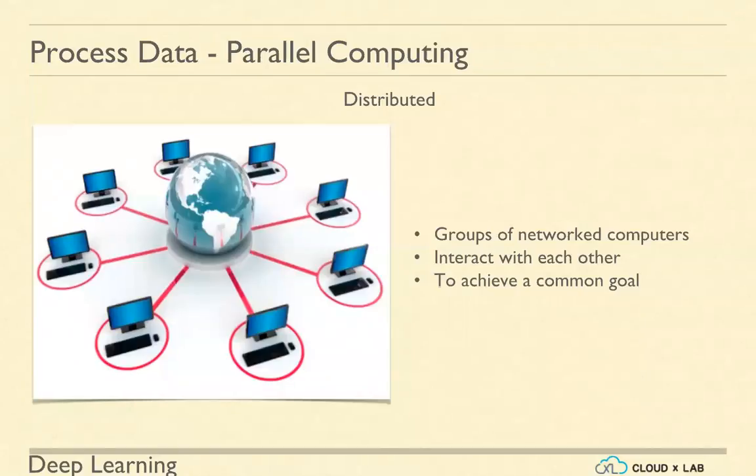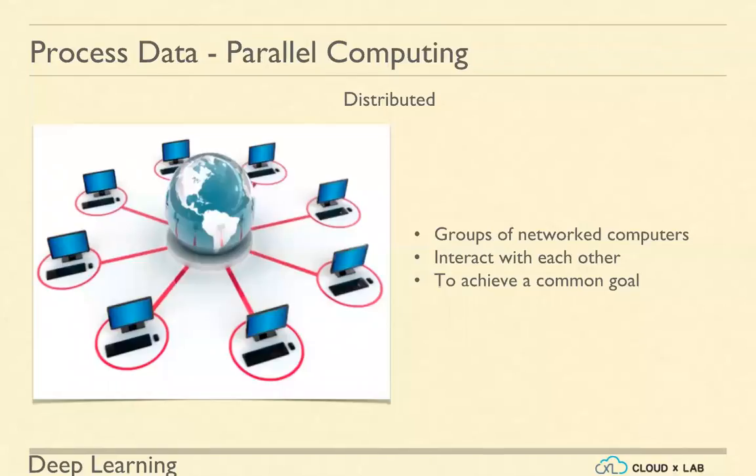And what does it mean by a distributed system? Distributed system means many computers connected together to solve a single problem at a time or multiple problems. But the problem must use more than one computer.